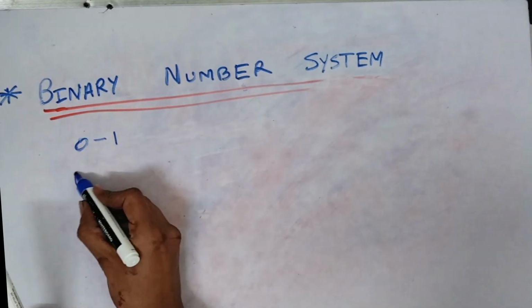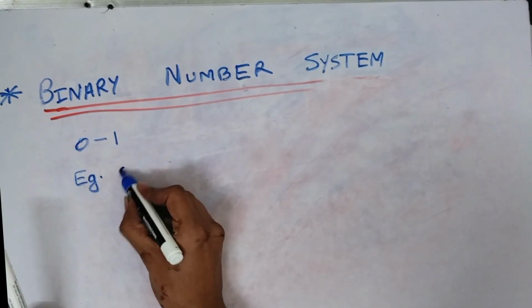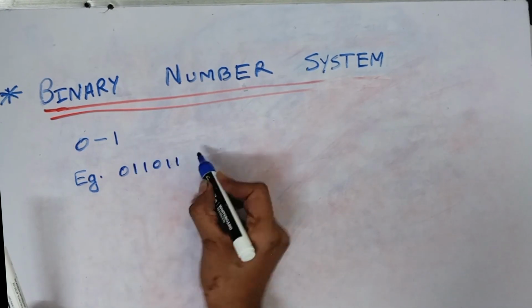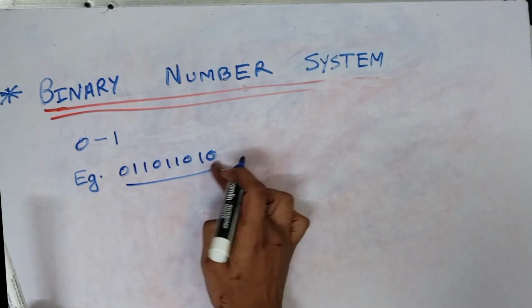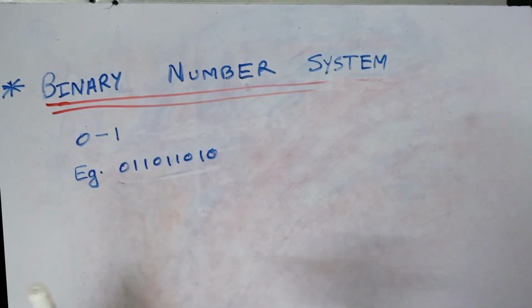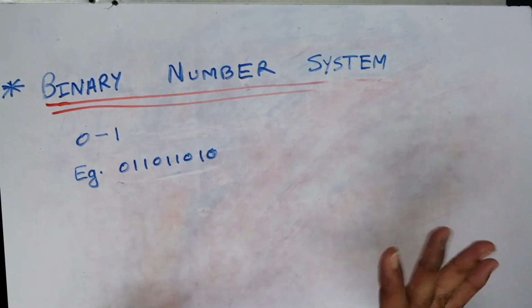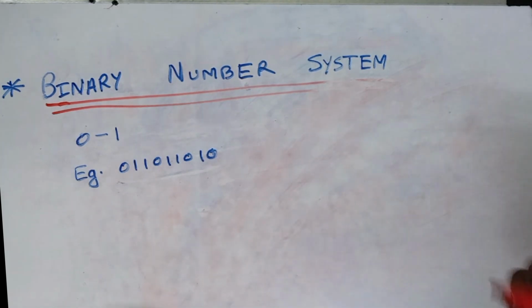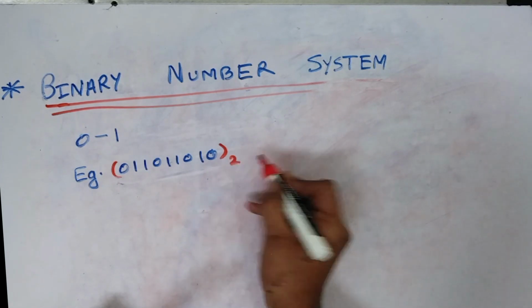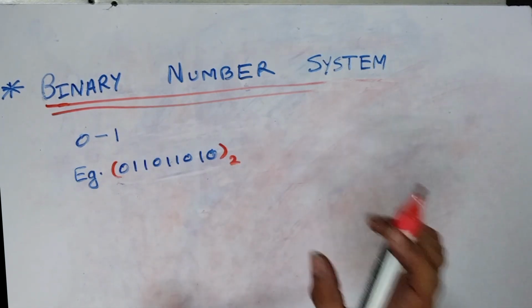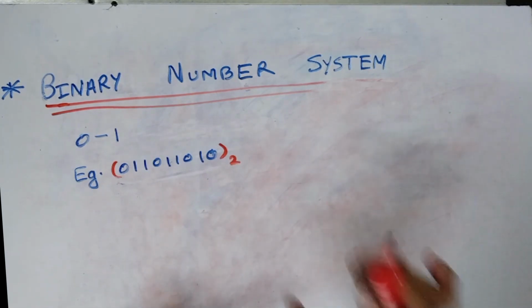For example, 0, 1, 1, 0, 1, 1, 0, 1, 0 is a binary number. Now, like I said earlier, the base plays a very important role in determining the number system. In this case, the base is 2. A base tells the total number of values a number system can have.